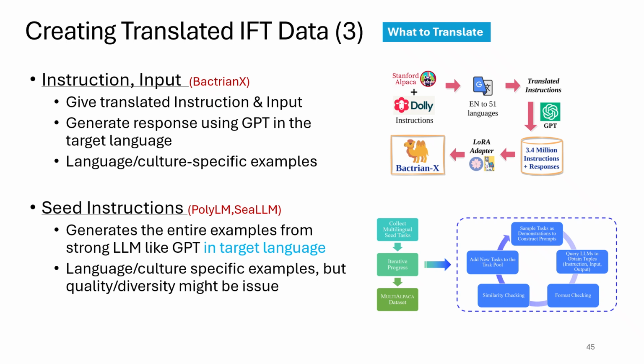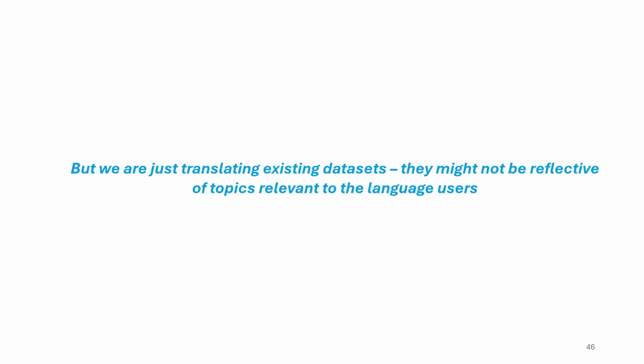So this is just like the Alpaca or the self-instruct approach to automatically generate diverse instruction fine-tuning examples in the target language directly. So this can help generate culture-specific examples, but quality and diversity might be an issue depending upon the ability of the language model to generate these examples.